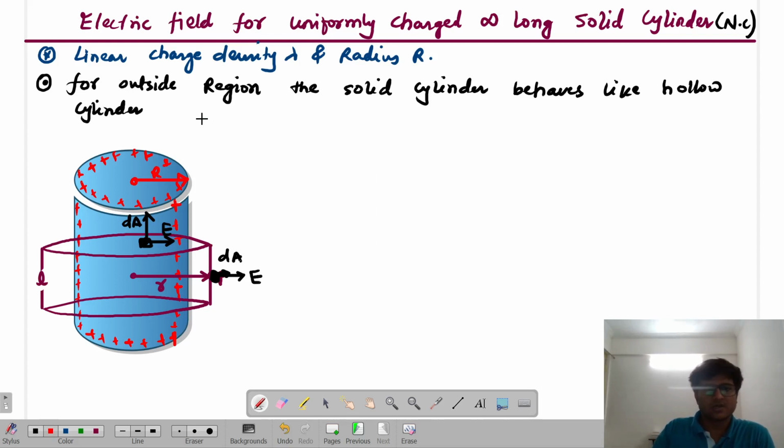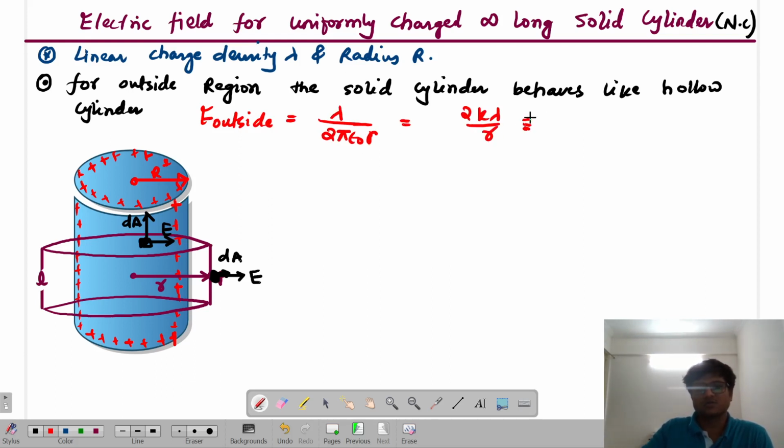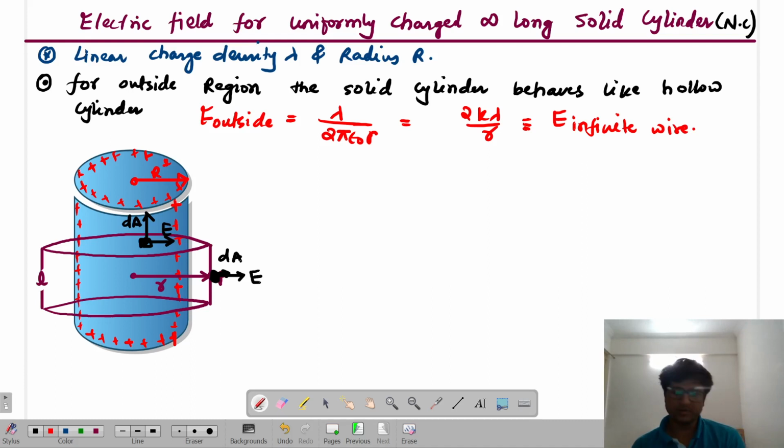And that is why E outside is simple. It is lambda by 2 pi epsilon naught r. Are you able to get me or not? Which is written as 2k lambda by r, which is also E of an infinite wire. Is that clear?